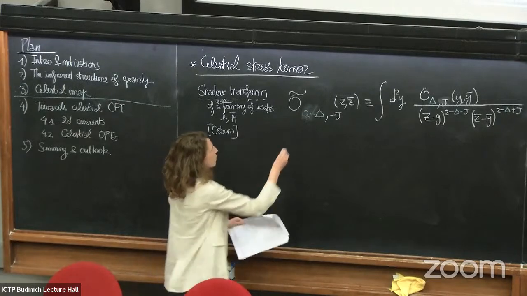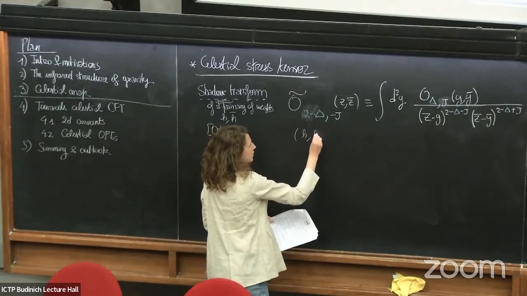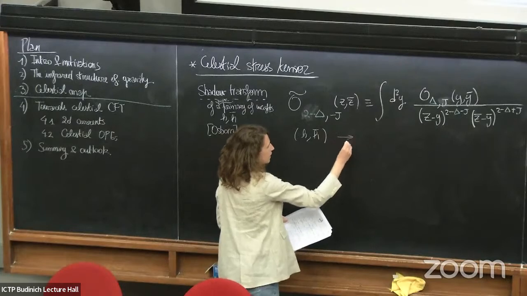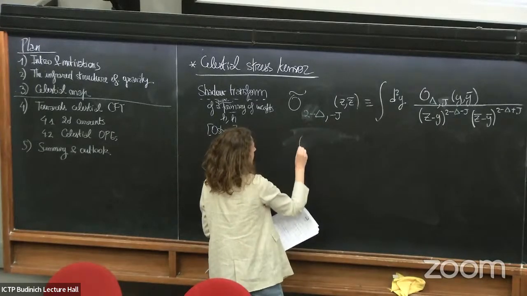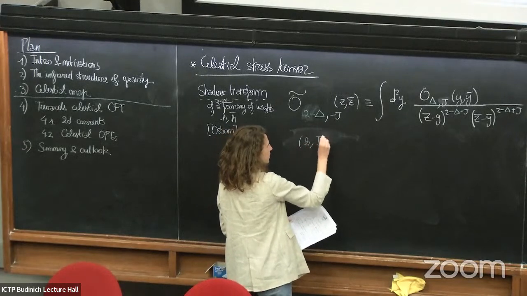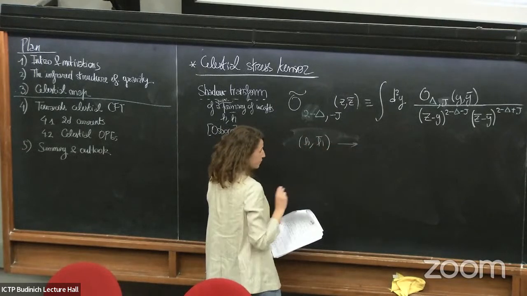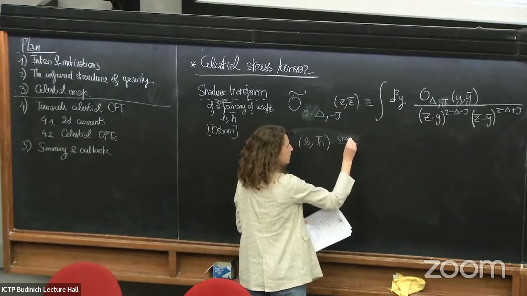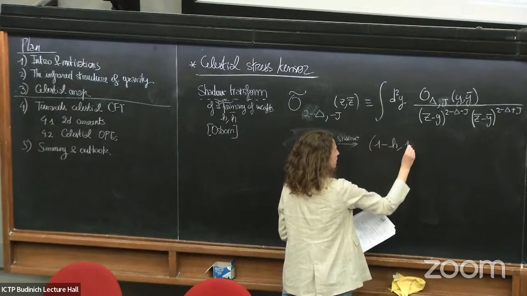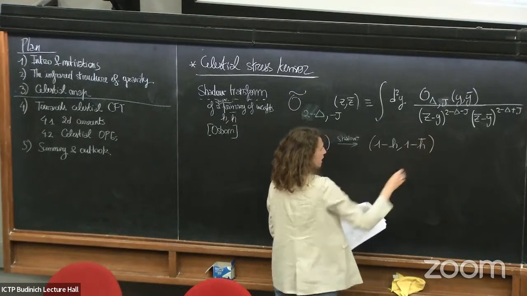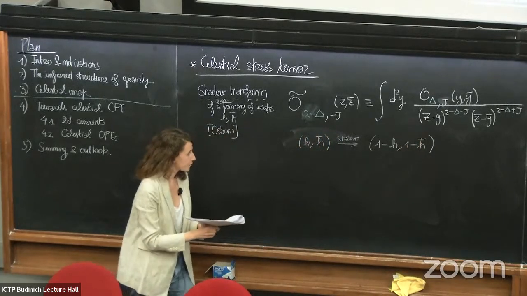So if I were to write this in terms of h and h bar, you can see that if you start with a primary of these weights, after a shadow transform, you will have something with 1 minus h and 1 minus h bar.